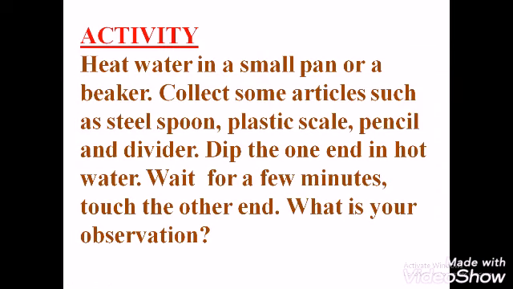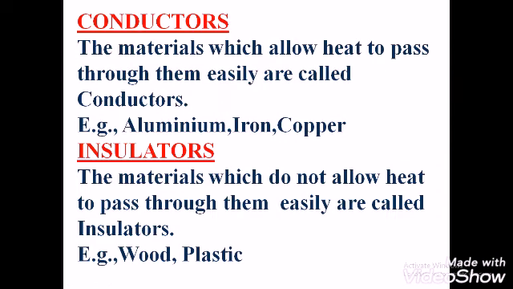Okay. Then, the other materials. The materials which do not allow heat to pass through them easily are called what? Insulators. What are the examples of insulators? Wood and plastic are examples of insulators.